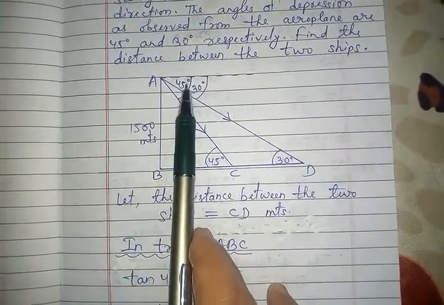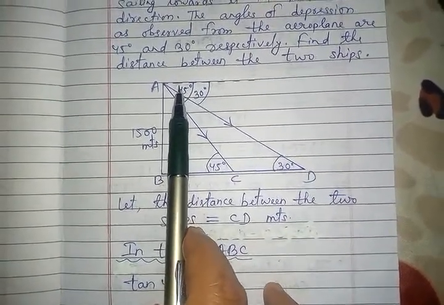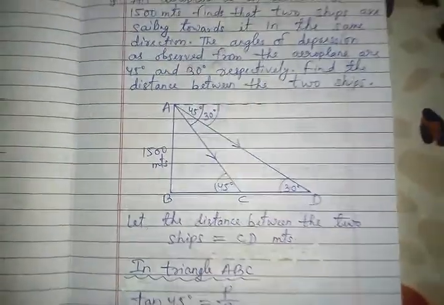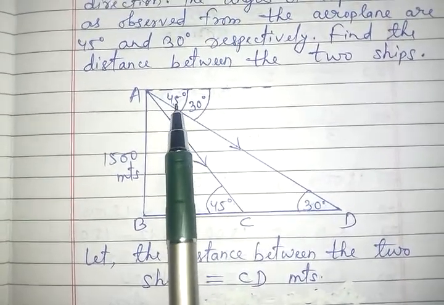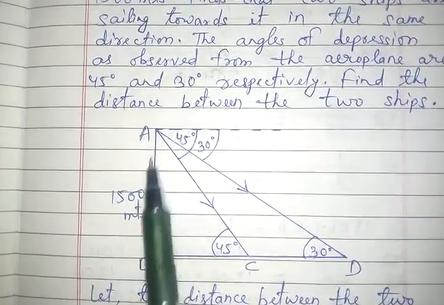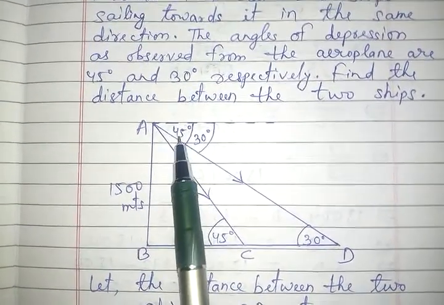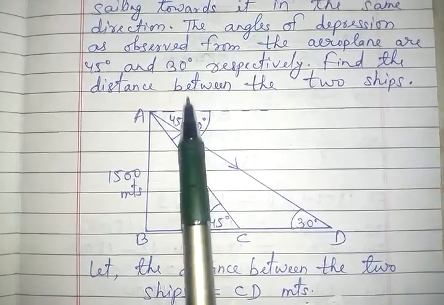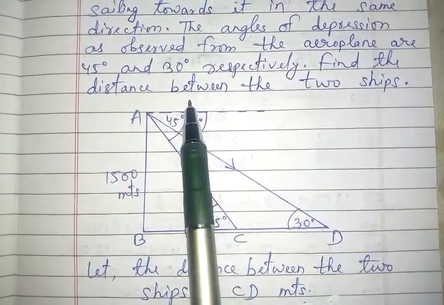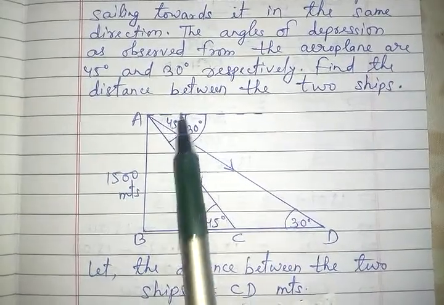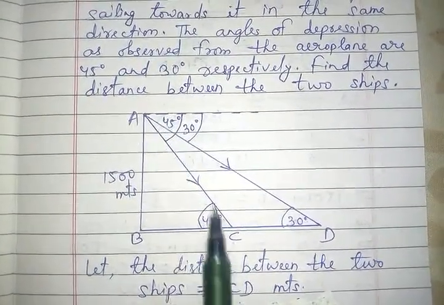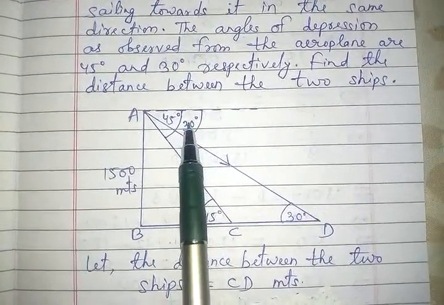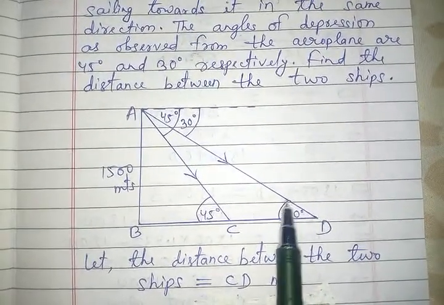But when I use 45 degree outside the triangle, it has no meaning, it becomes useless. So whenever any angle of depression is formed outside the triangle, as an alternate angle we can write it inside. So this 45 is outside the triangle, but as an alternate angle I can write this 45 equal to this, and this 30 is alternate to this D. So this is 30 degree.